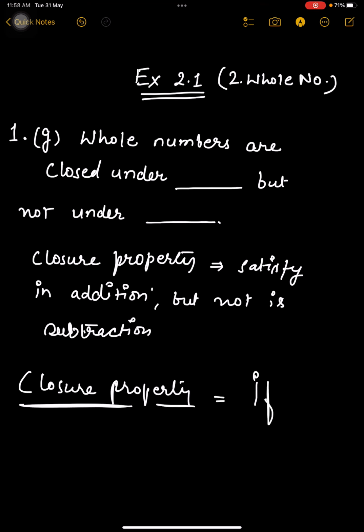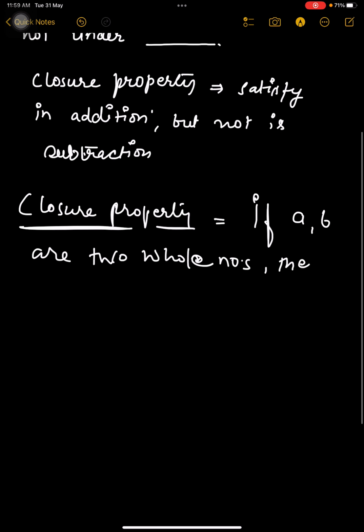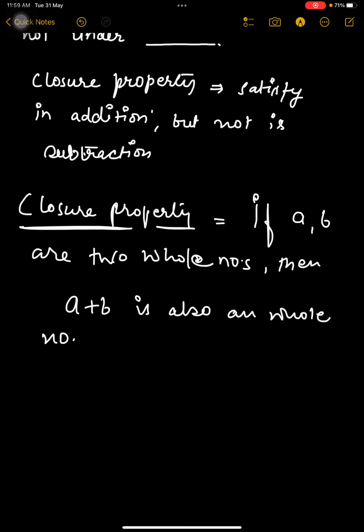if A and B are two whole numbers, then A plus B is also a whole number, right? It means the result, when I am taking the operation addition, will also be a whole number.